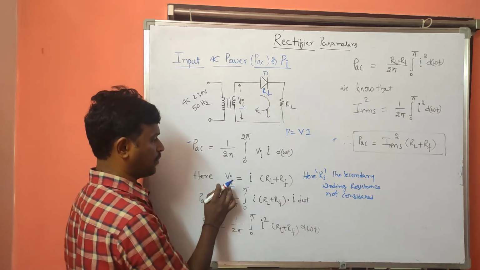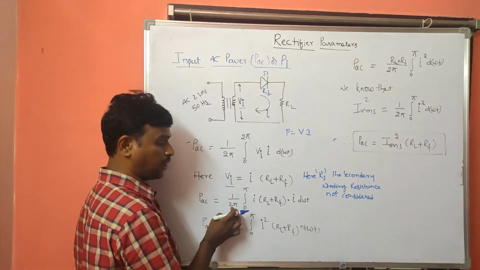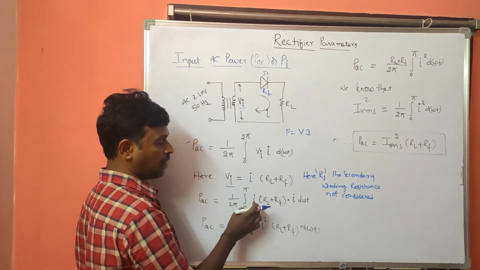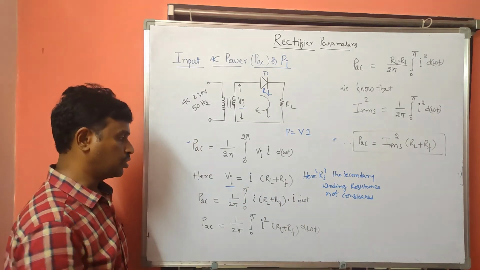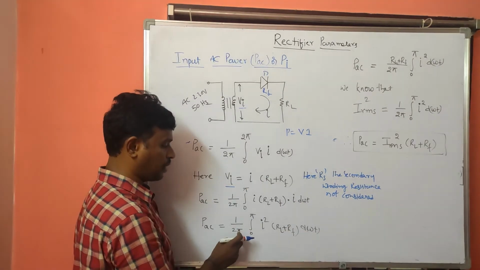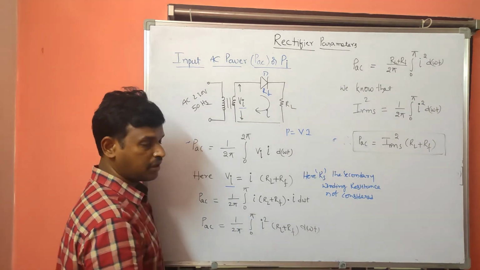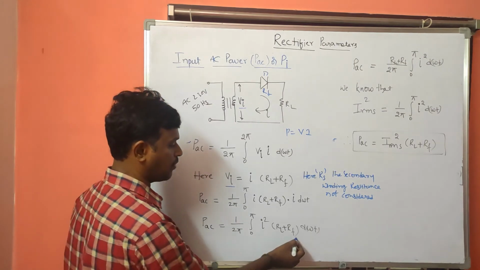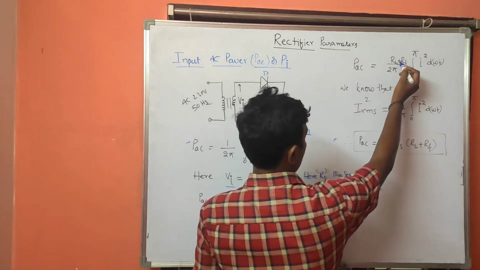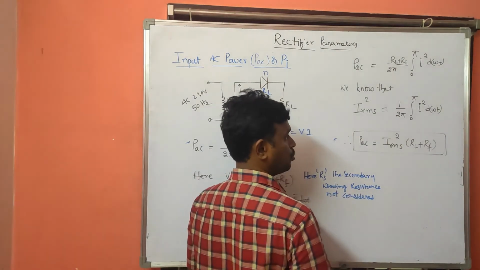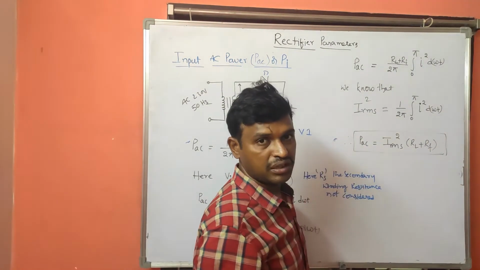If I substitute this Vi in this equation, PAC is equal to 1 by 2 pi, integral 0 to pi of I times (RL plus RF) multiplied with I. So it is I square, that is 1 by 2 pi integral of 0 to pi I square (RL plus RF) d omega t. This RL plus RF for the given circuit is constant, so PAC is equal to (RL plus RF) times 1 by 2 pi, integral 0 to pi I square d omega t.